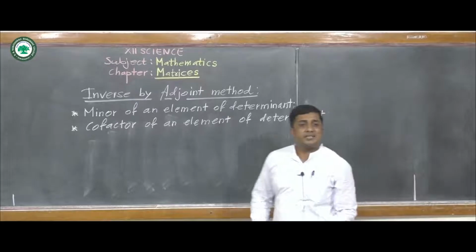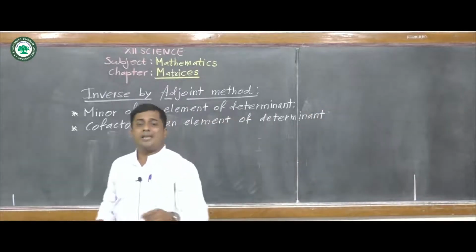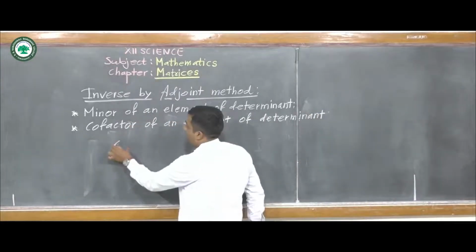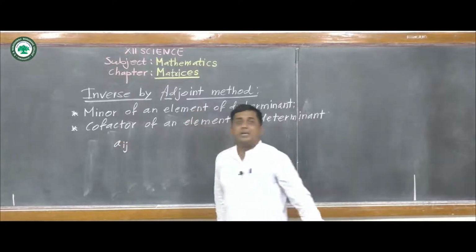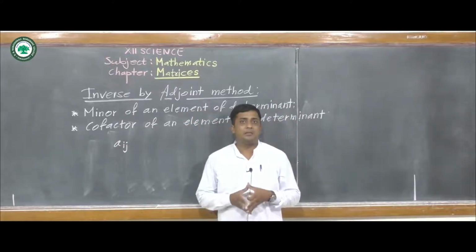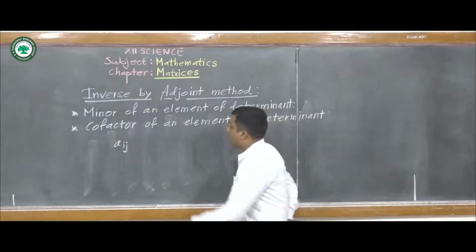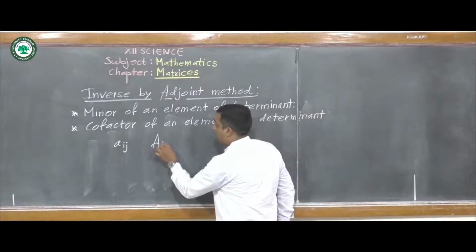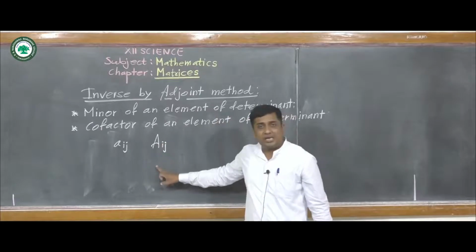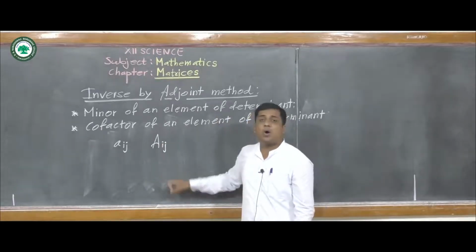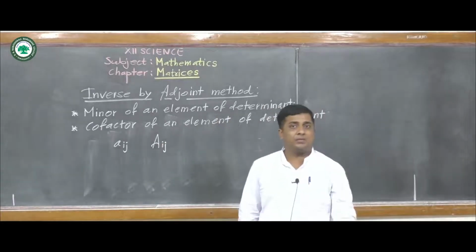Again, to define this concept, we consider one element. Let Aij be the given element from the determinant. The cofactor of this element is denoted by capital Aij. So capital Aij is for the cofactor of an element.